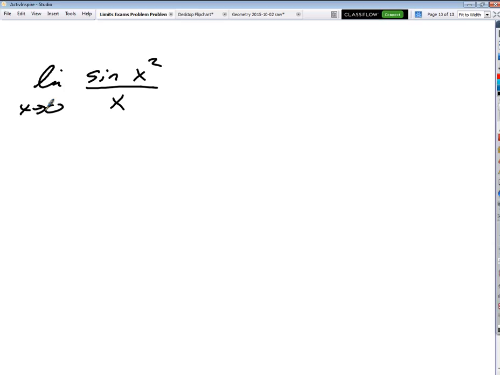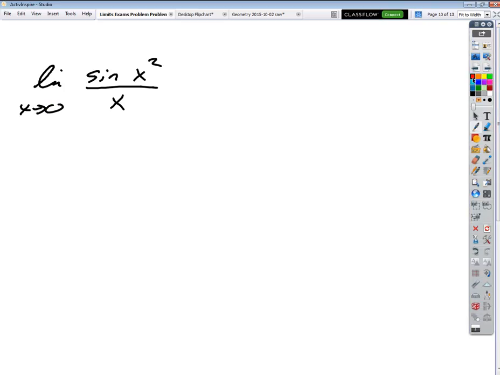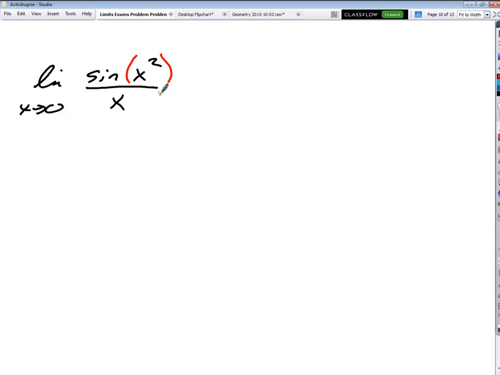Don't we have to make it so that sine theta over theta equals 1? Good. I would always say add the implied parentheses. It's the sine of the argument x squared.